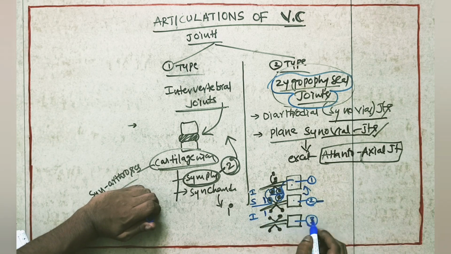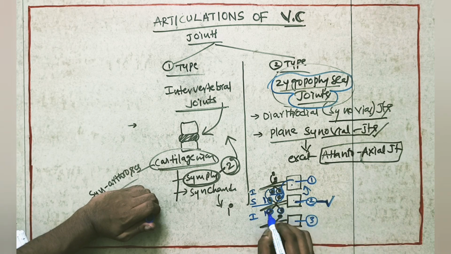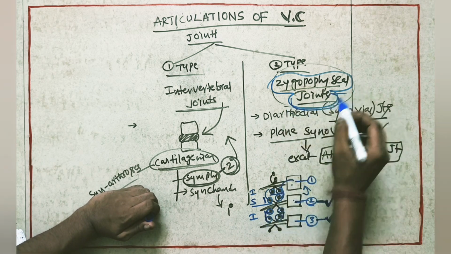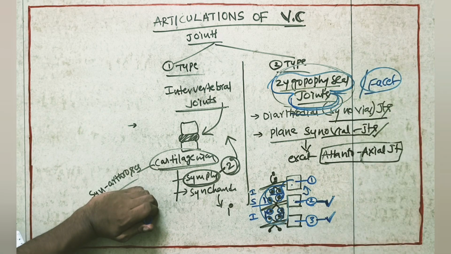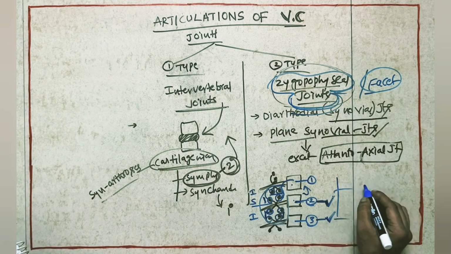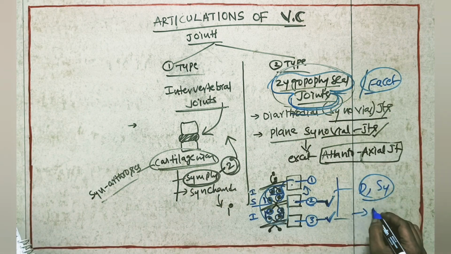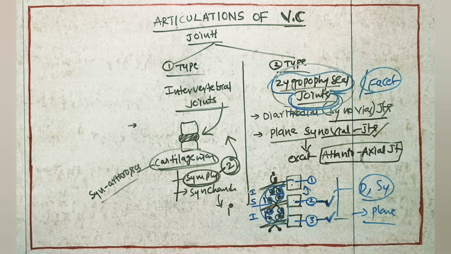Now the inferior facet of the second vertebra will articulate with the superior facets of the third vertebra. So these are called the zygapophyseal joints. Simply we can say facet joints. All the facet joints are diarthrodial, nothing but synovial joints. All are plain synovial joints present in the human body.